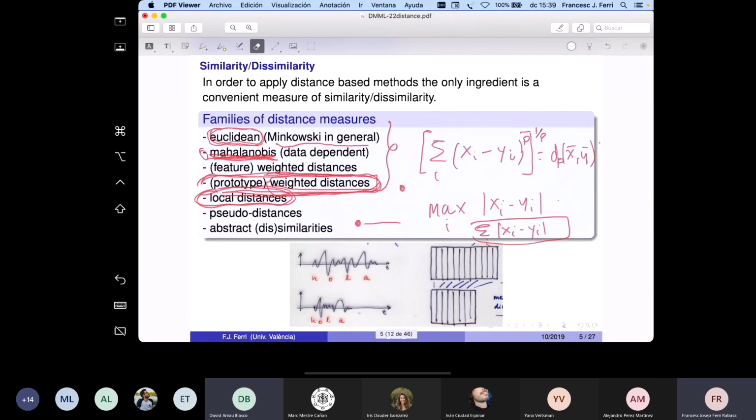This is, for example, measuring the distance as the sum of this. This is the Euclidean distance. This is the L1 distance. And in this case, if this one is greater than the other, then this is the L infinity distance.